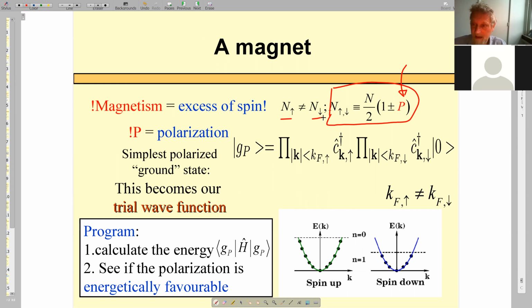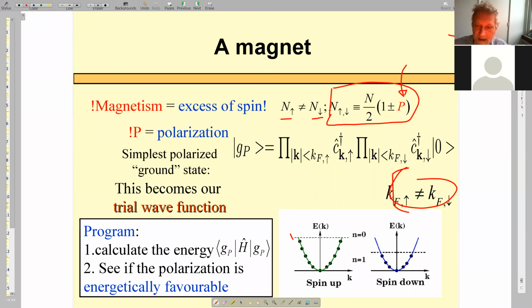It means that the Fermi energy of spin up must be bigger, and the Fermi energy of spin down must be lower. Correspondingly, Kf for spin up must be bigger, and Kf for spin down must be smaller. That's what I have here. So different Kfs, Fermi vectors for different particles.